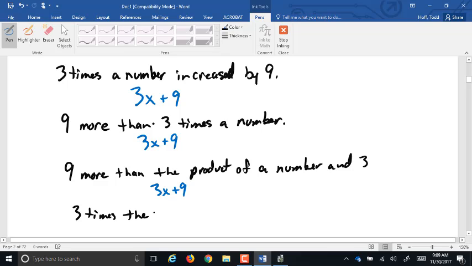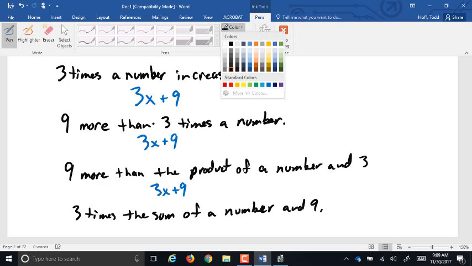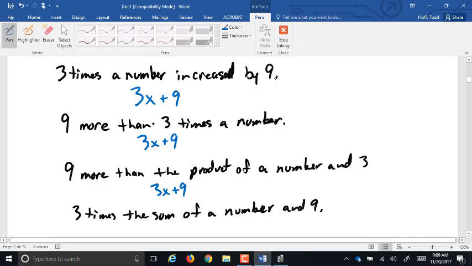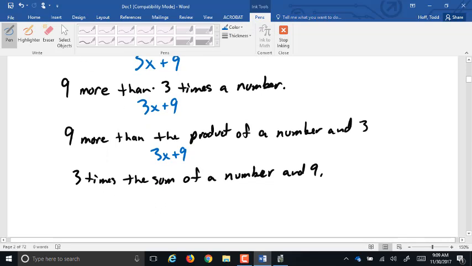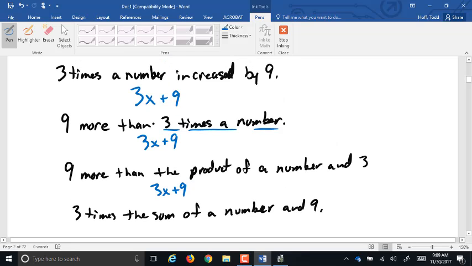How about 3 times the sum of a number and 9? This is slightly different. All of these will be 3 times a number. Careful.